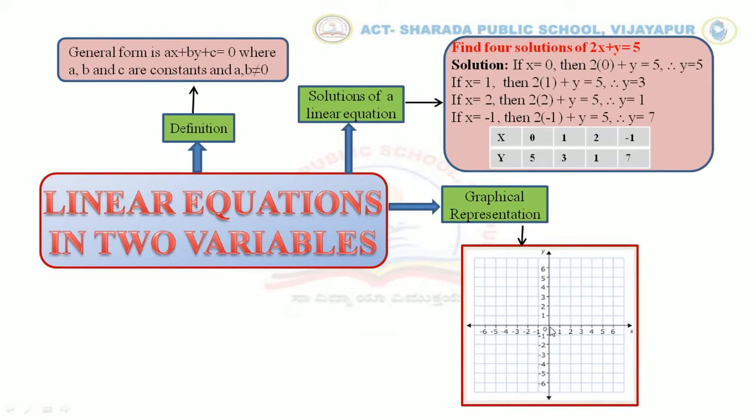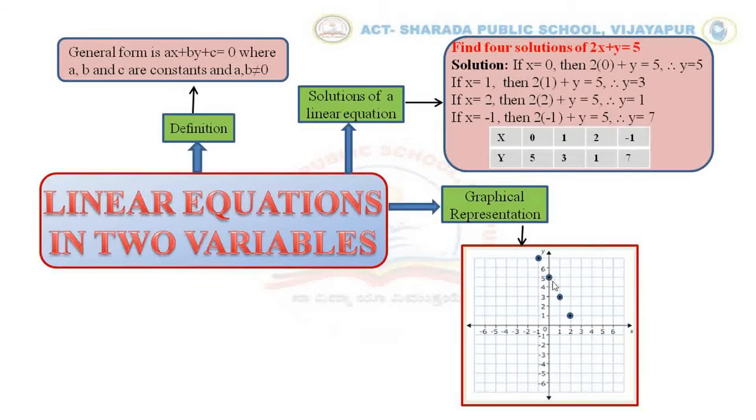When x is equal to 0, y is equal to 5, so here is the point. When x is equal to 1, y is equal to 3, this is the point. When x is equal to 2, y is equal to 1, this is the point. When x is equal to minus 1, y is equal to 7, this is the point.